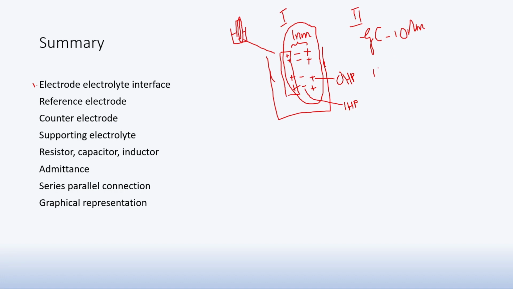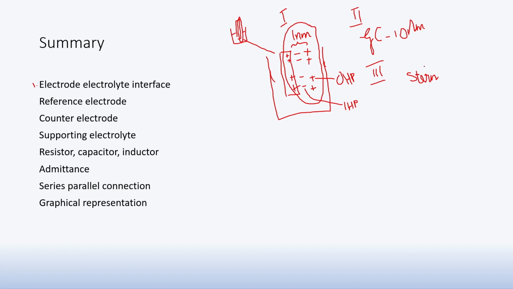Now the third model that you learned was a combination of the Gouy-Chapman model and the Helmholtz model. So basically what it says is most of the charge distribution will be happening around this 1 nanometer region, whereas the rest of the charges will be seen in the 10 nanometer region.